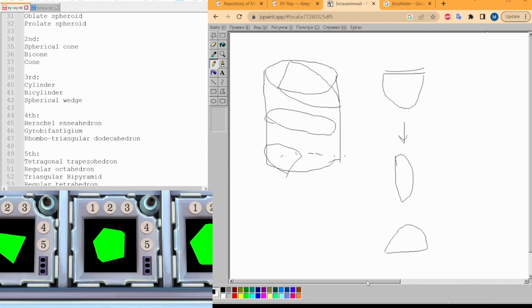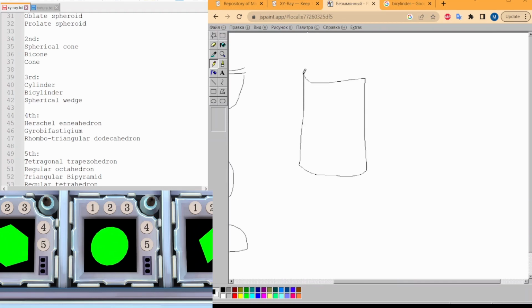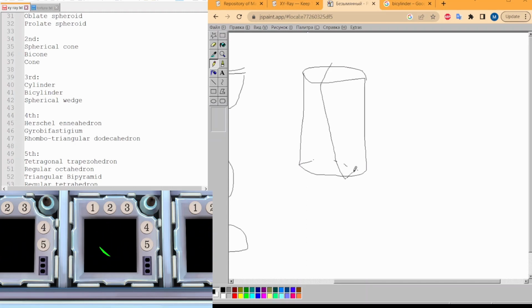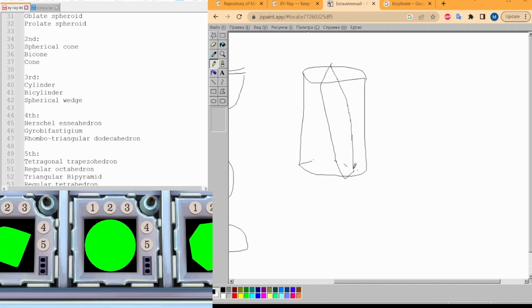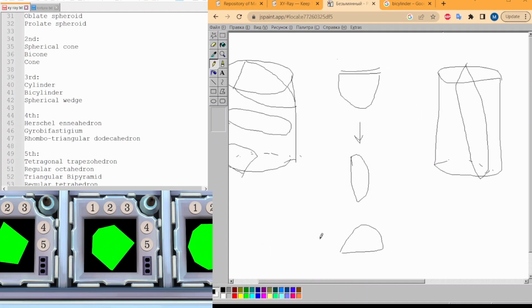And if the angle is big enough, the section would be like that, for example. The angle is big enough that the second line appears before the first line is gone.